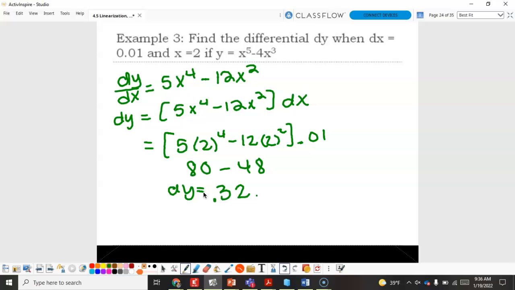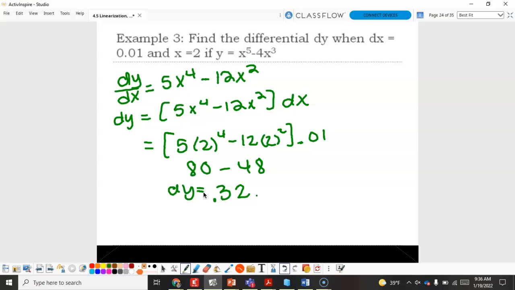But the change from the point 2, 0 to 2.01 is 0.32. It's like rise over run. So this is dy. That's what I was saying.